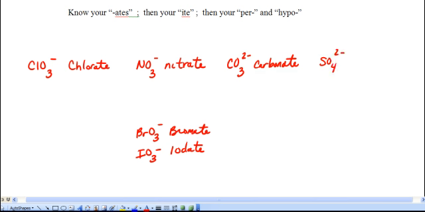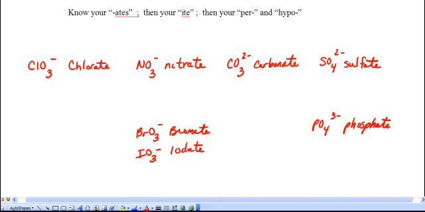Sulfur turns into sulfate. And some do not have a 2- charge. Some even have a 3- charge. So if I give you PO4 3-, that would be called phosphate. Alright, so those are your -ates.